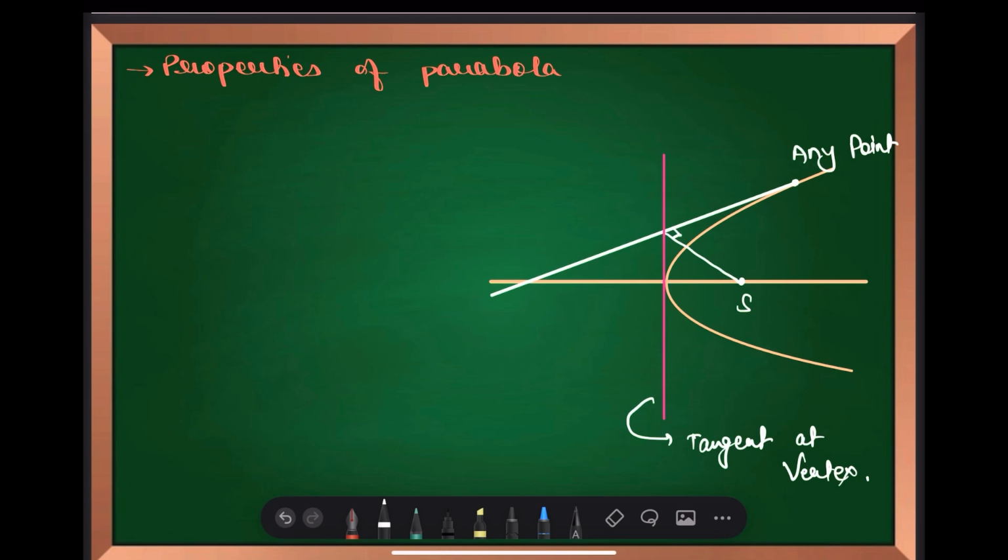So at any point you draw a tangent, and if you draw the foot of the perpendicular from the focus on that tangent, it will lie on the tangent at the vertex. I hope this property is clear.